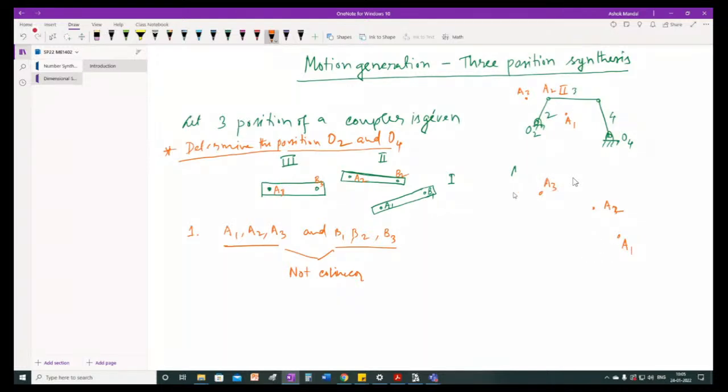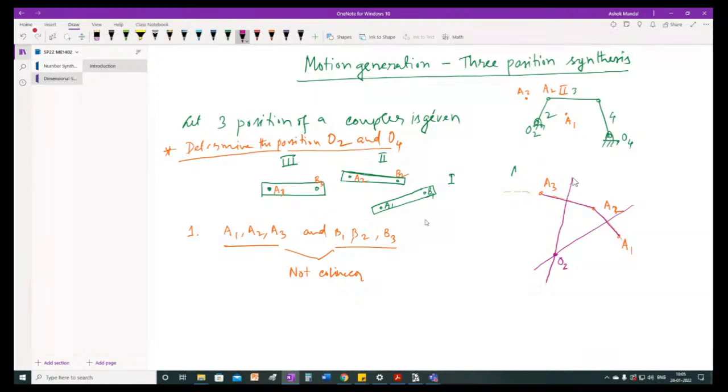How to find the arc on which they lie? You can draw chords, just join these points, and then you can draw perpendicular bisectors. If you draw perpendicular bisectors, you can get this point. So this point is then O2.